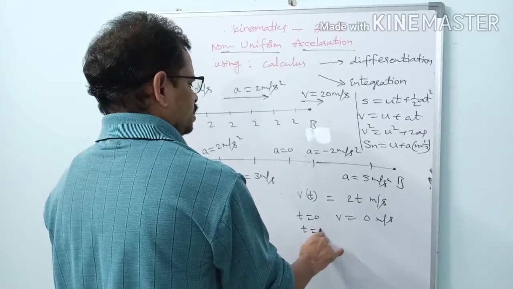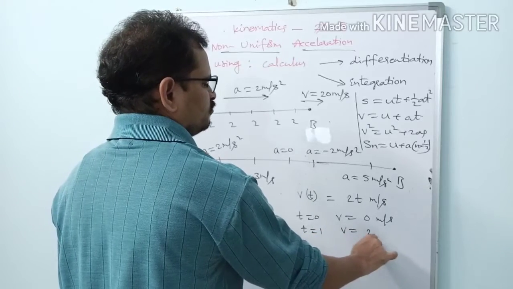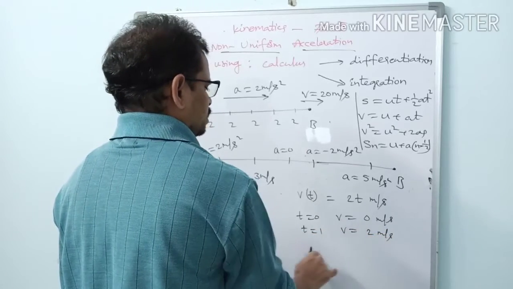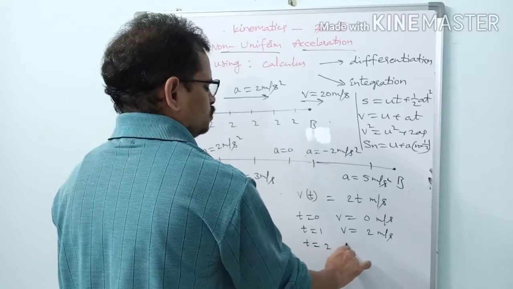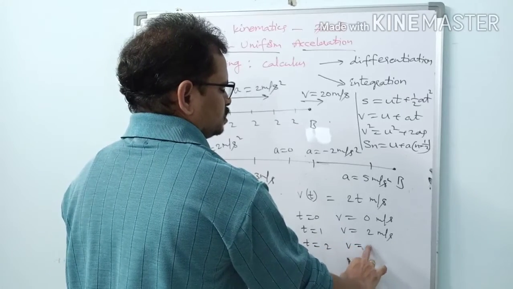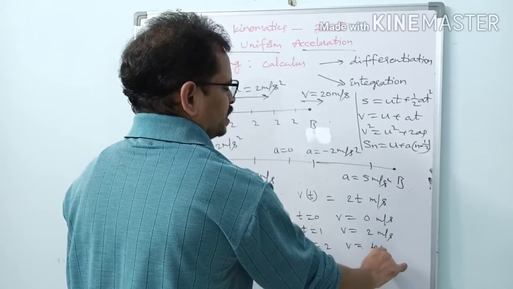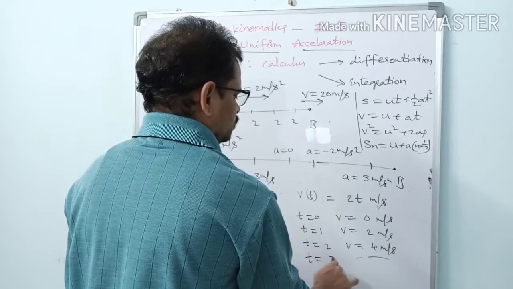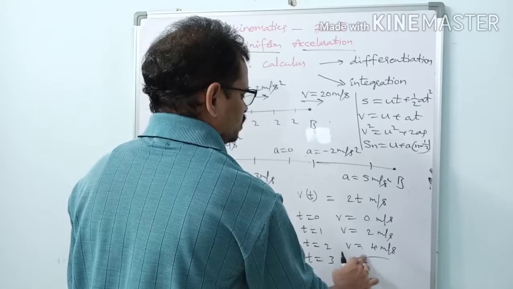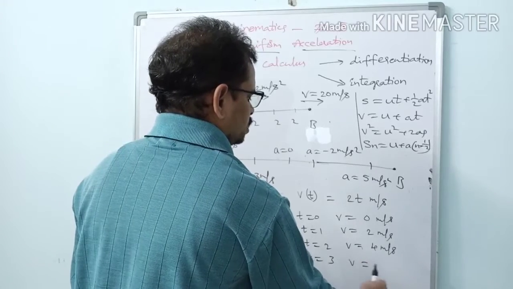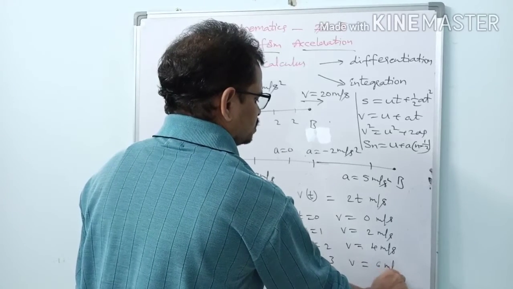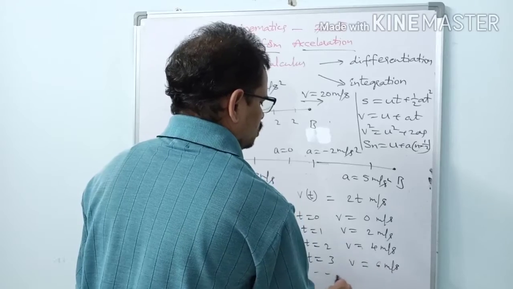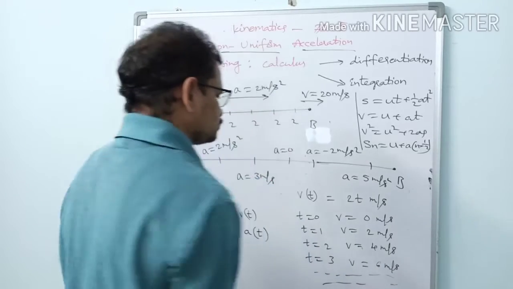When t equal to 1, v is 2 meters per second. When t equal to 2, velocity is 4 meters per second, and so on. When t equal to 3, velocity is 6 meters per second, and so on like this.